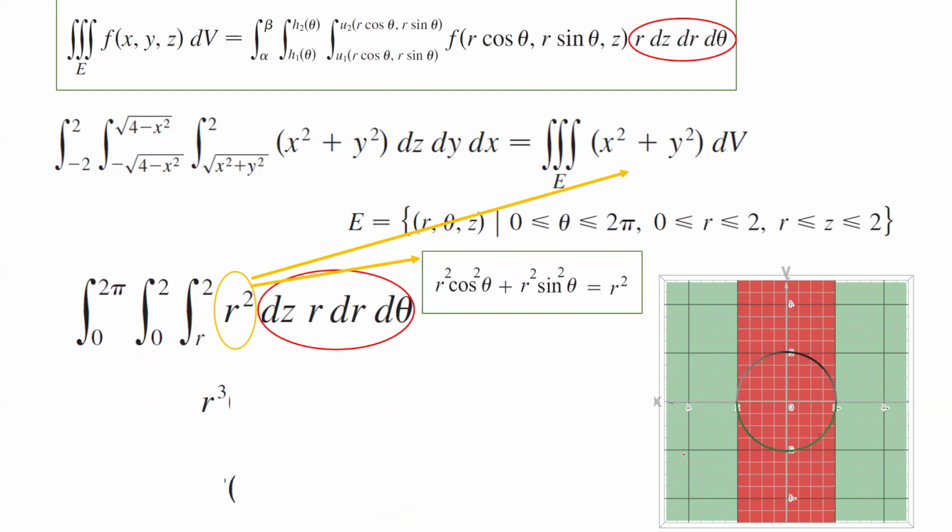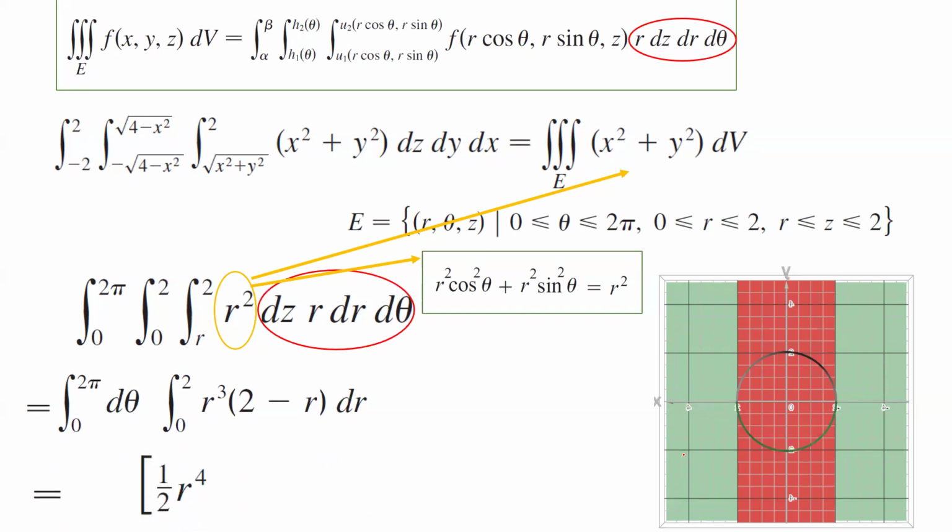Okay, if you do the multiplication, you get r cubed, and then you have the integral of dz, z bounded between 2 and r, so you get 2 minus r, and then you take the integral with respect to r. You can separate d theta as well, because your function doesn't have any connection between r and theta. Then distribute r cubed into the parentheses and do the calculation. You get a half r to the 4th minus a fifth r to the 5th.